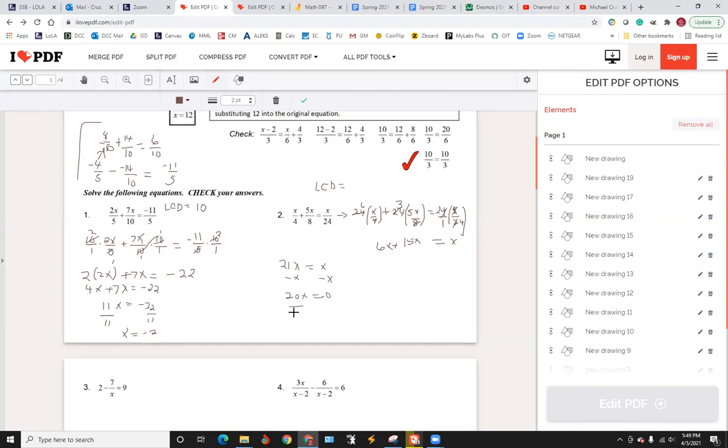And so now this one is easy to check, because if x is equal to 0, 0 over 4, and 5 times 0 is just 0. So that's basically 0 is equal to 0. So that's right.